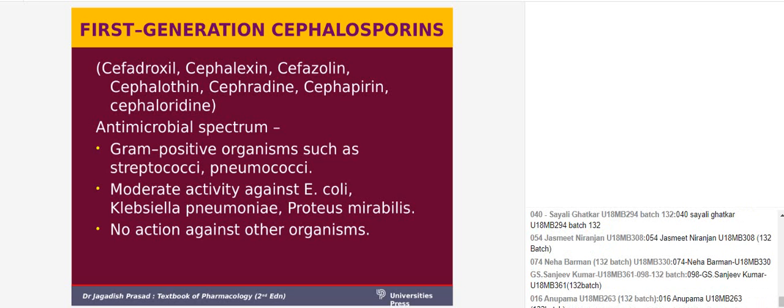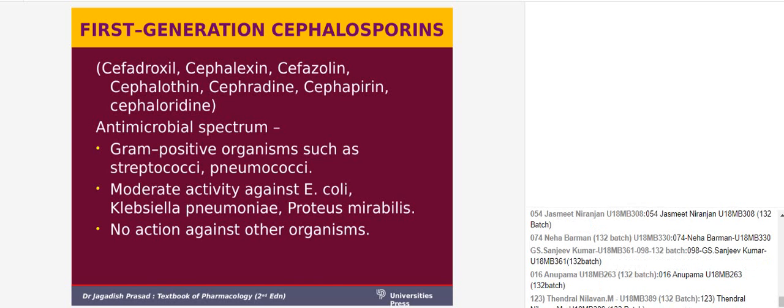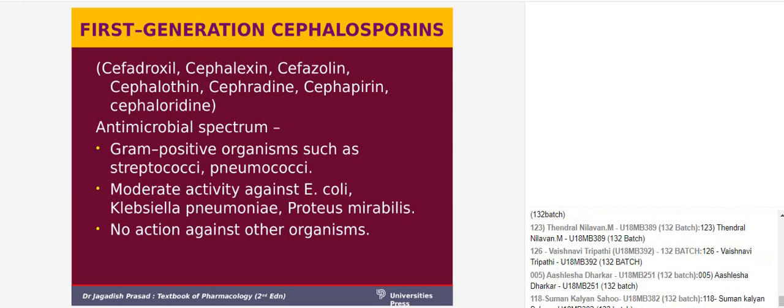They are classified into generations mainly by antimicrobial activity. The 1st generation is active against gram-positive organisms such as Staphylococci, Streptococci, and Pneumococci.